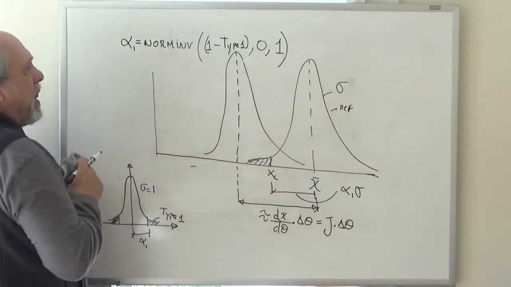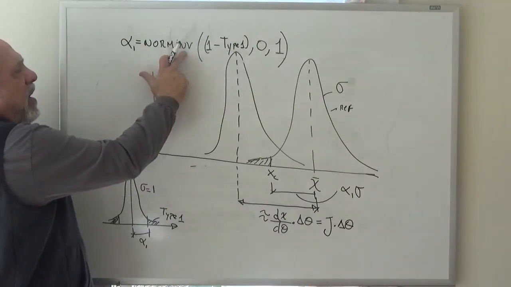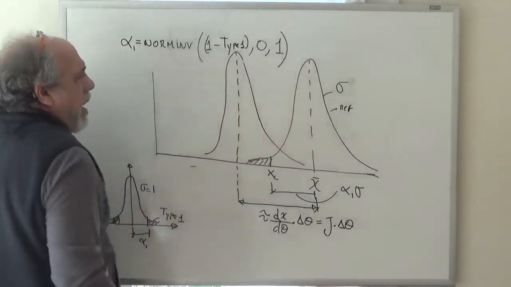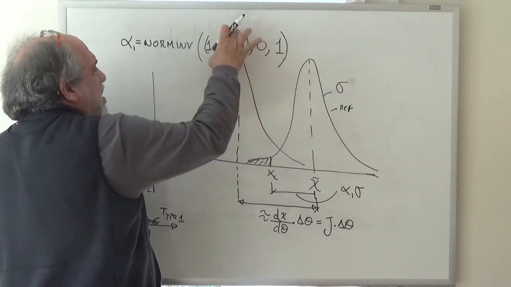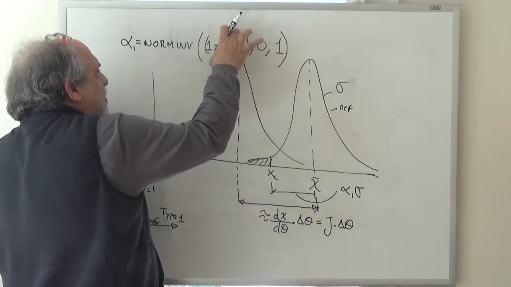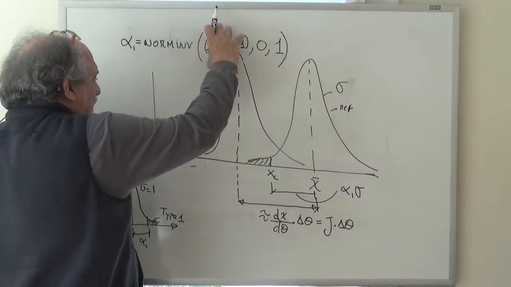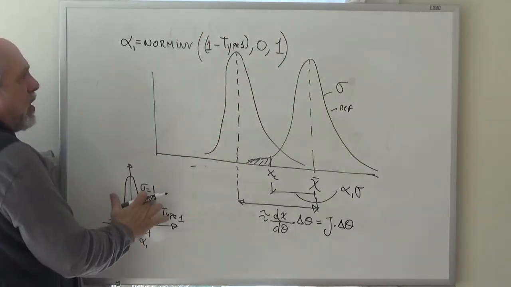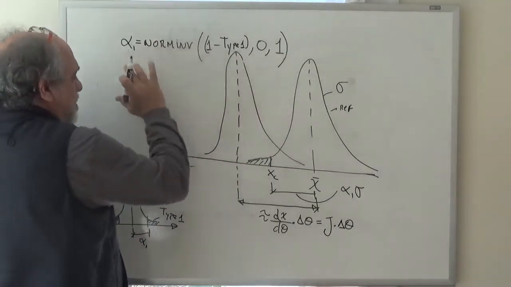You should go to MATLAB and get help norminv to understand that command, right? This is the mean, this is the standard deviation, this is what you want the area on the left of the distribution to be. So if I want the area on the left of a distribution of 0 mean and unit standard deviation, that command tells me what it is.